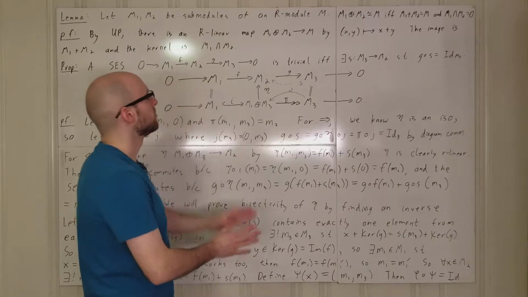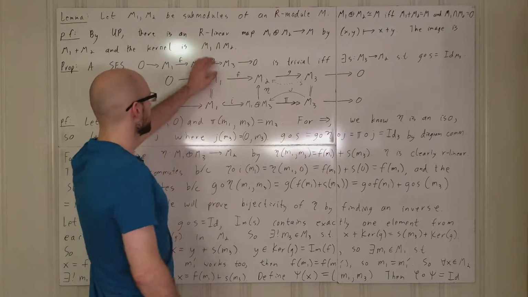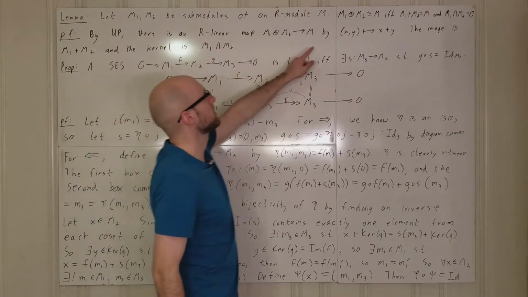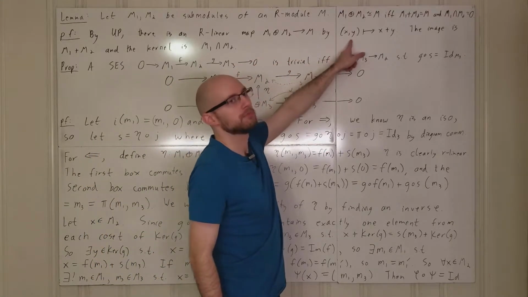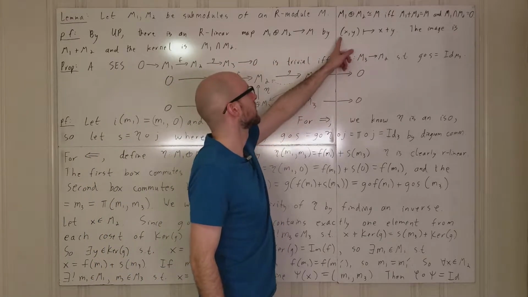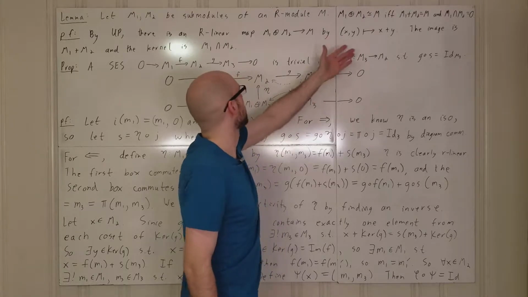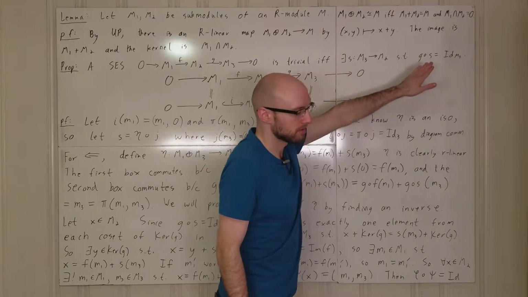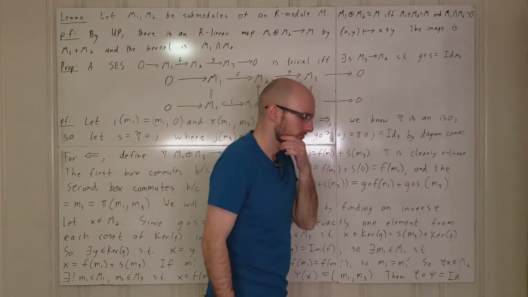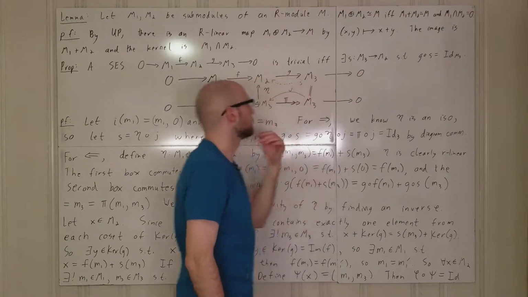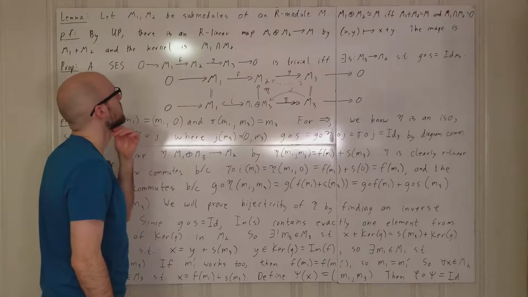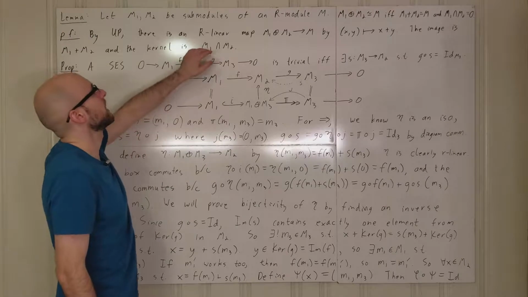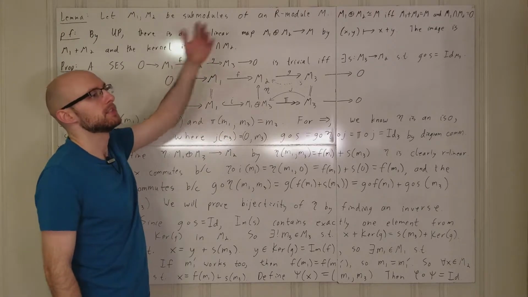So if you have the element and its inverse in the intersection, then you can take x to be one of the elements and y to be the inverse, and you can do that because both of these elements are in both M1 and M2, and so it will map to 0. What that tells us is that if you have an element in the intersection, then it's in the kernel.